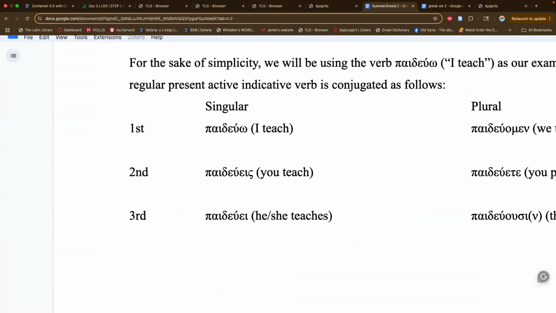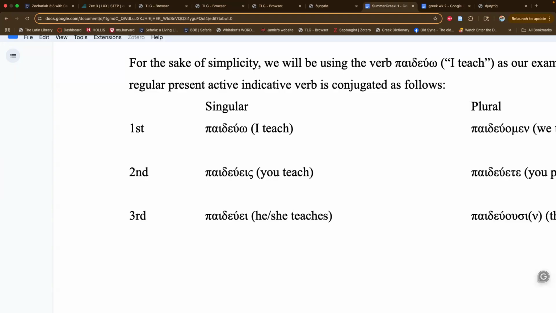I realize that maybe this is confusing. When you have the third person, she wishes, that's just a substitute. It can be any noun. So adelphe thele is not the sister she wishes, but just the sister wishes, in the same way that Theos thele is God wishes.